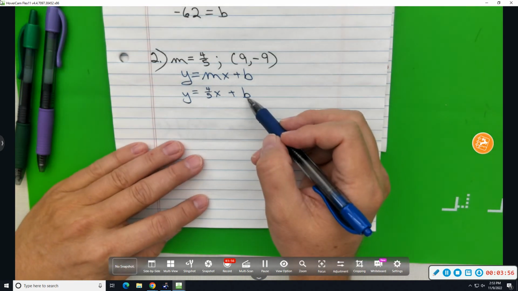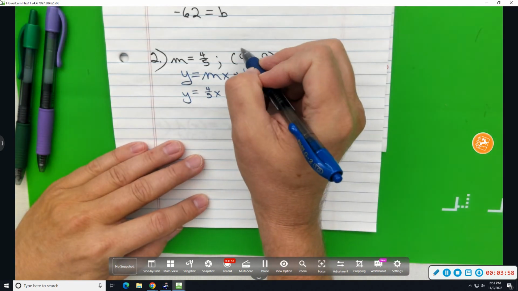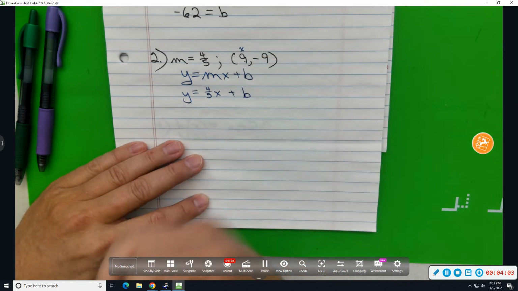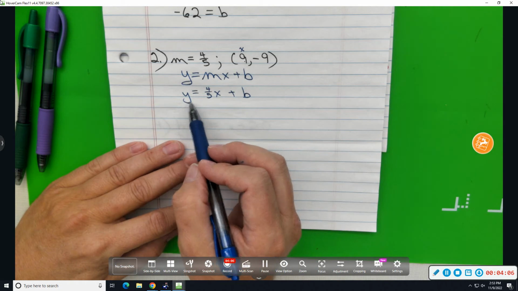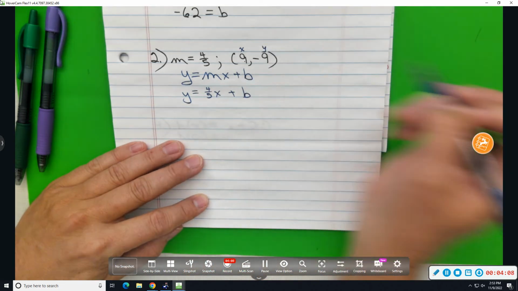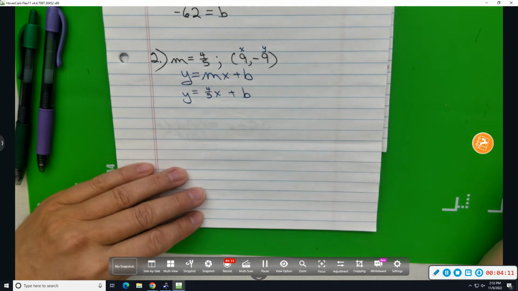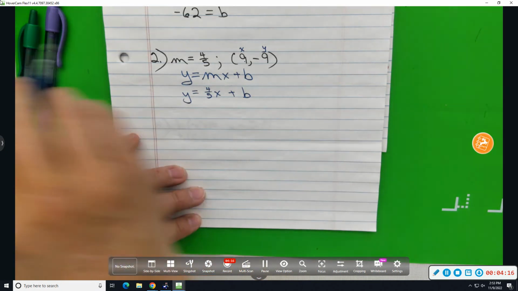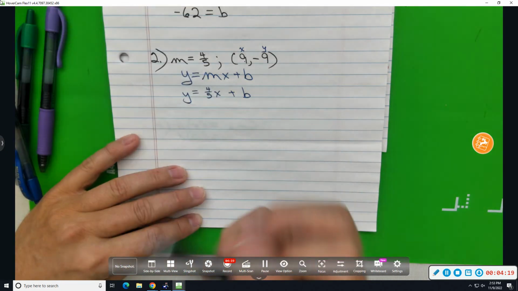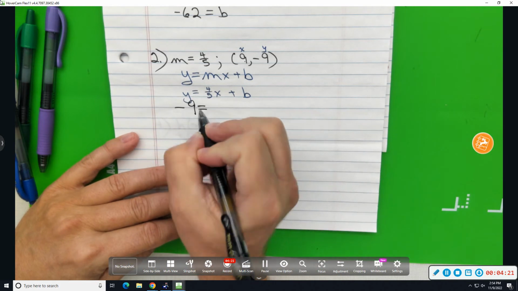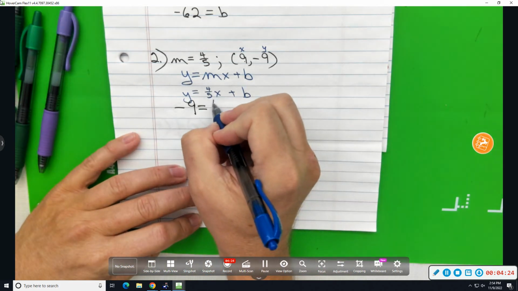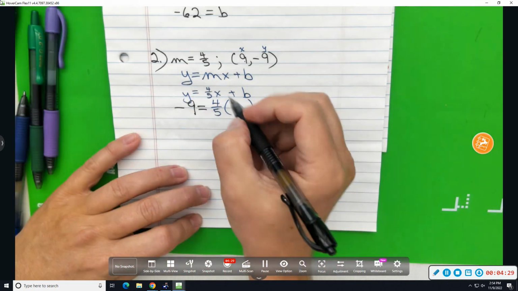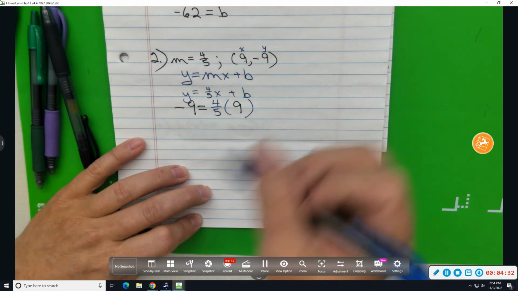We don't know the b value, so we're going to have to replace x with 9, and what are we going to replace this y with? I agree, the negative 9. So we have negative 9 is equal to 4/5 times 9 plus b.